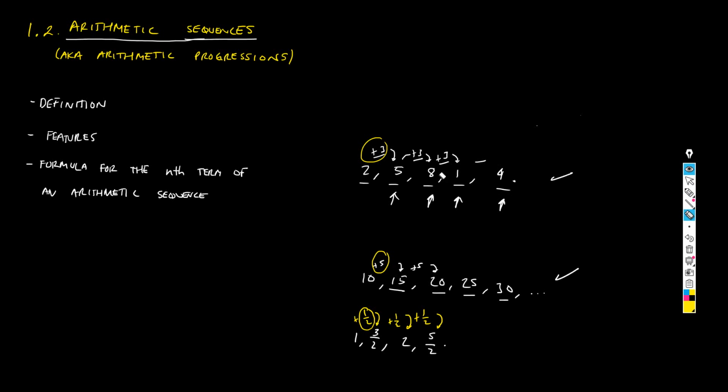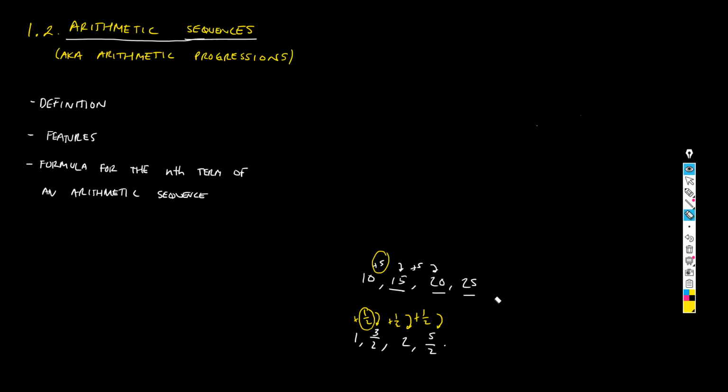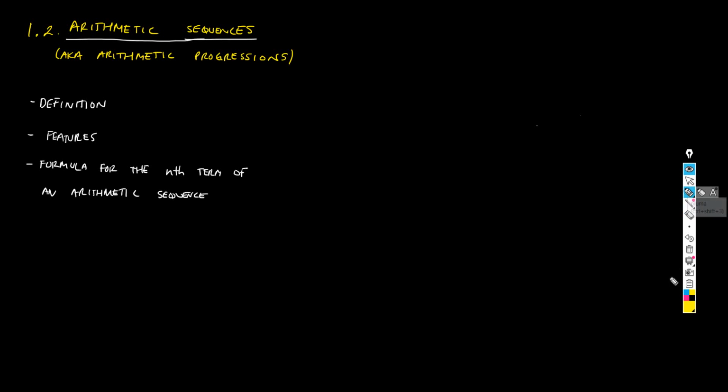Okay, so that's an arithmetic sequence, guys. We started with a sequence, and then we explored the concept of finite sequences, infinite sequences. Now, the concept of arithmetic sequences. Those are the ones that must follow a specific pattern. Let me give you a counter example.